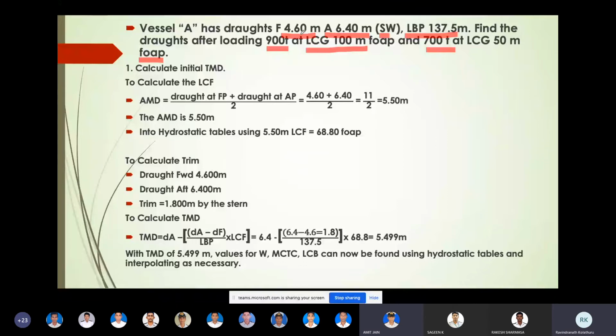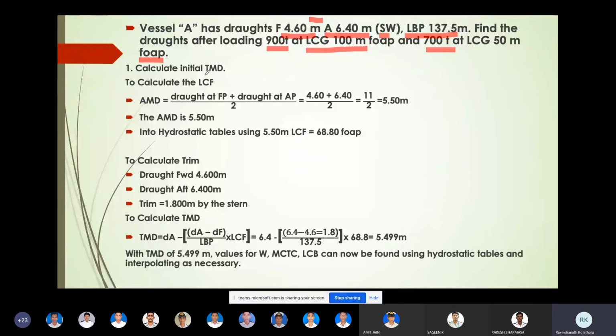Initial displacement and LCG are not given to us, but initial drafts are given to us. So with the initial drafts, I can find out my TMD to go into the tables, because now I have to calculate my initial displacement and initial LCG. Then only I can go into the moments table, right? Yes, sir. So first we will work on finding out the initial condition of the vessel.